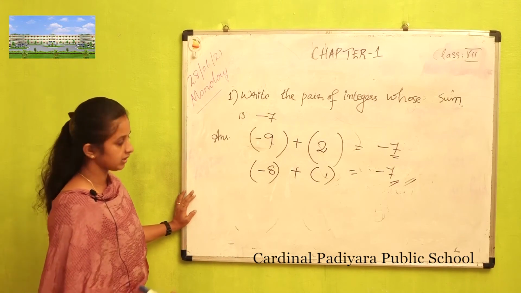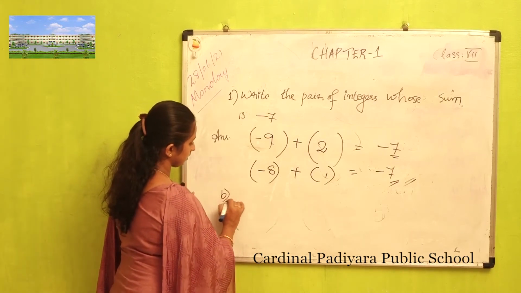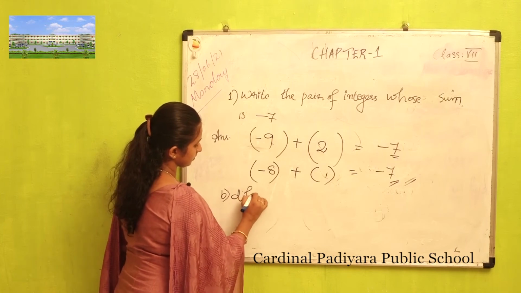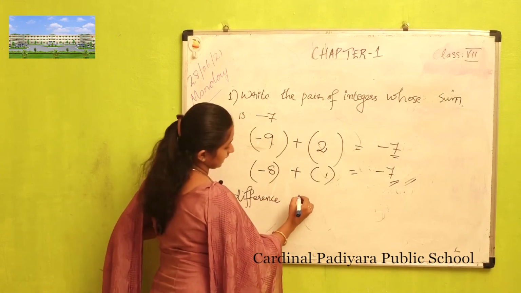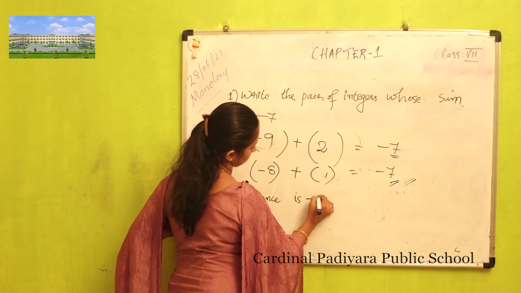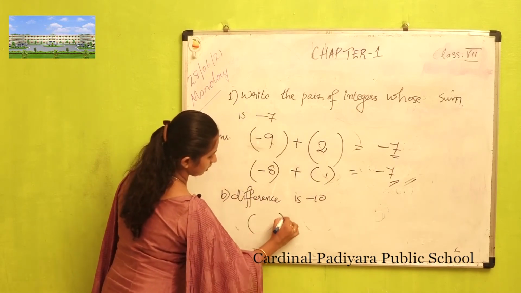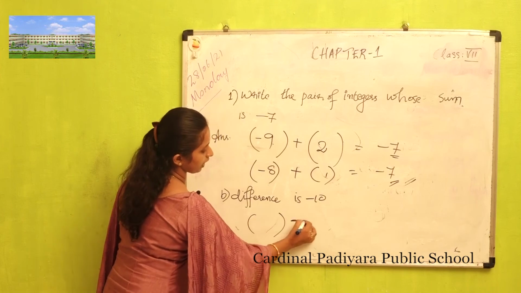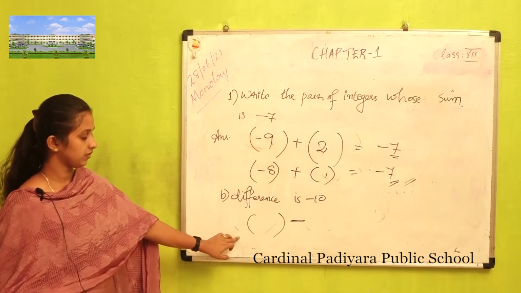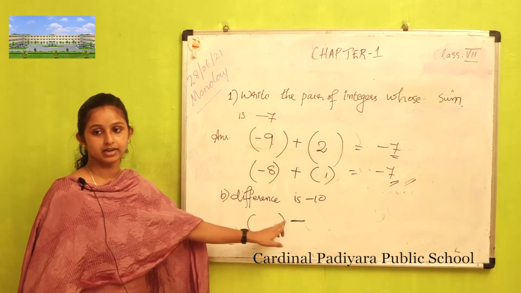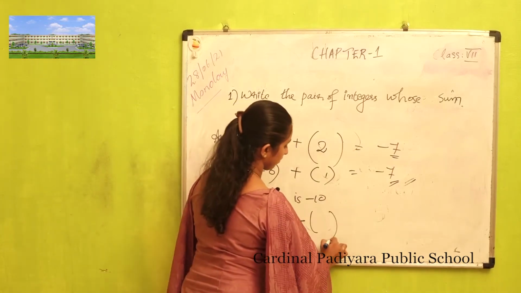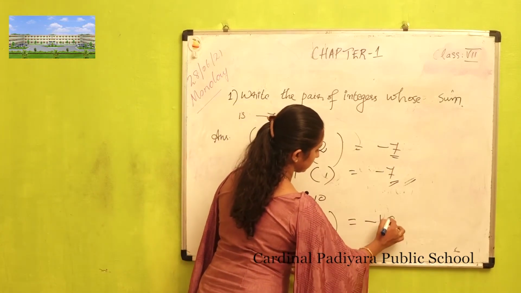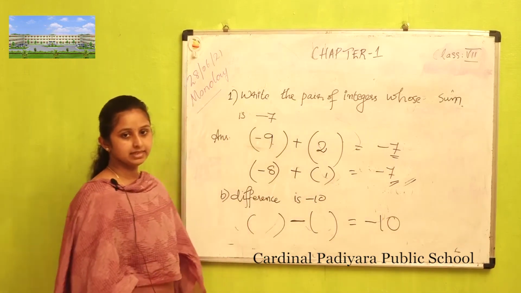Now the second question. B, the difference is negative 10. That means one integer. Difference means you have to subtract. That is, this number minus another number gives the answer negative 10.